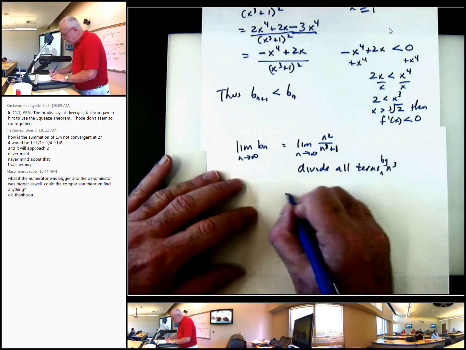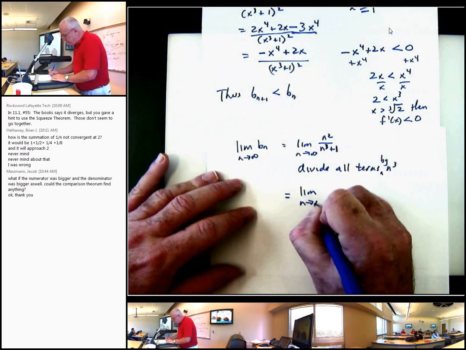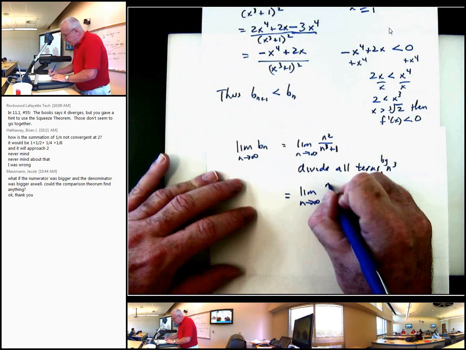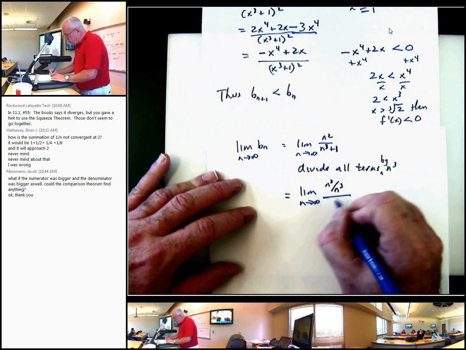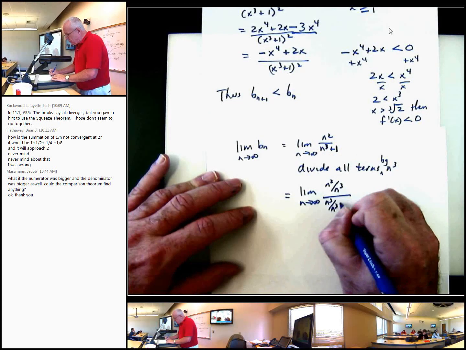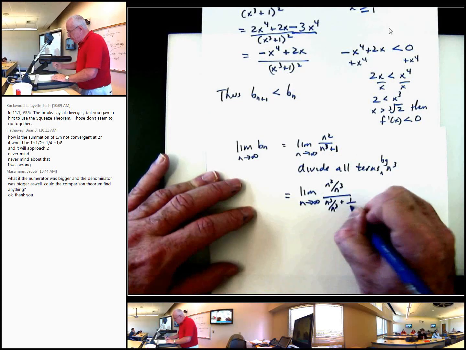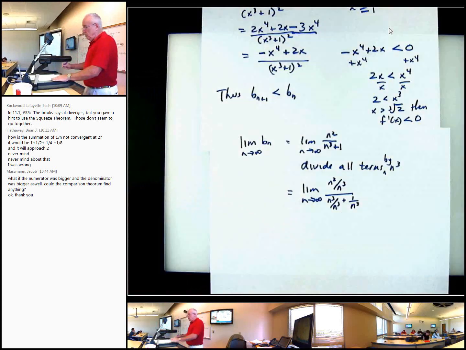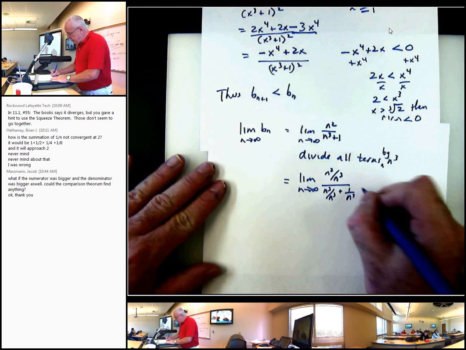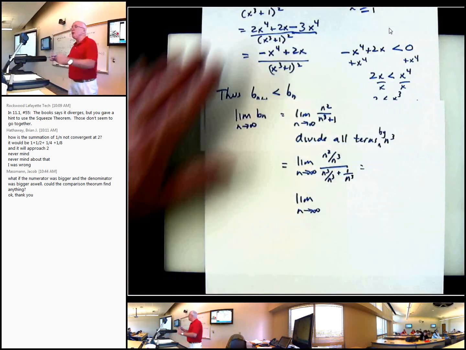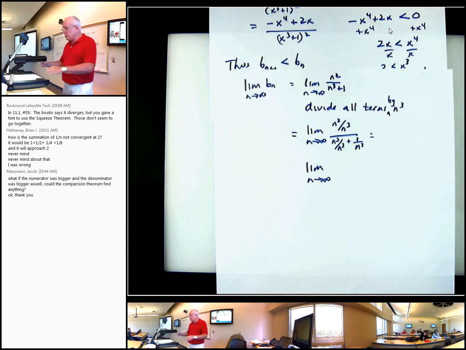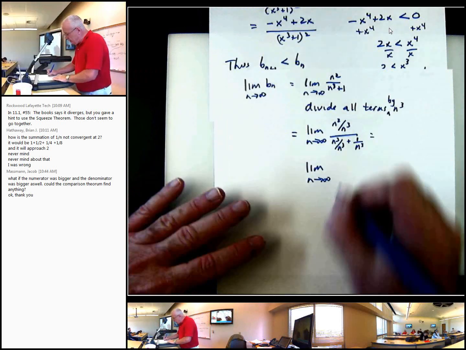So this is going to give us the limit as n goes to infinity. The top one's going to be n squared over n to the third, then over n to the third over n to the third, plus 1 over n to the third. All right, let's simplify this. Now, n squared over n to the third simplifies to 1 over n.